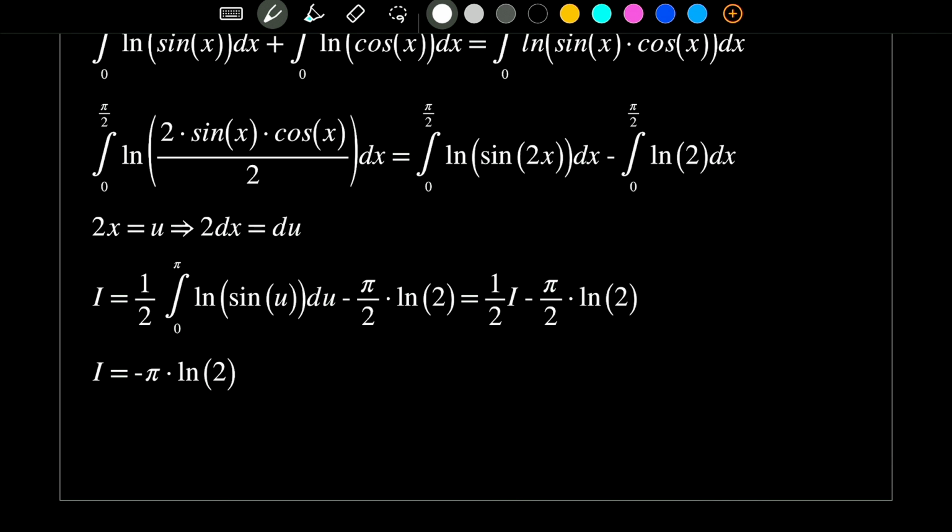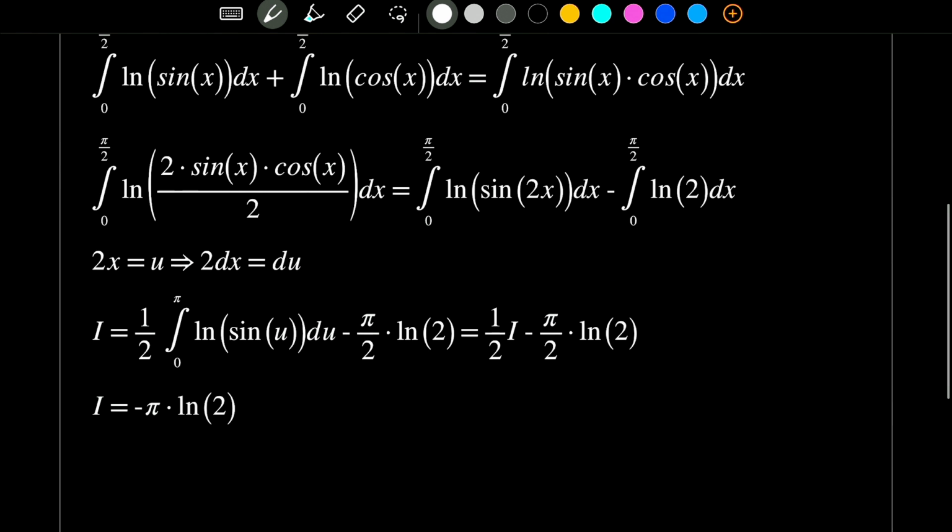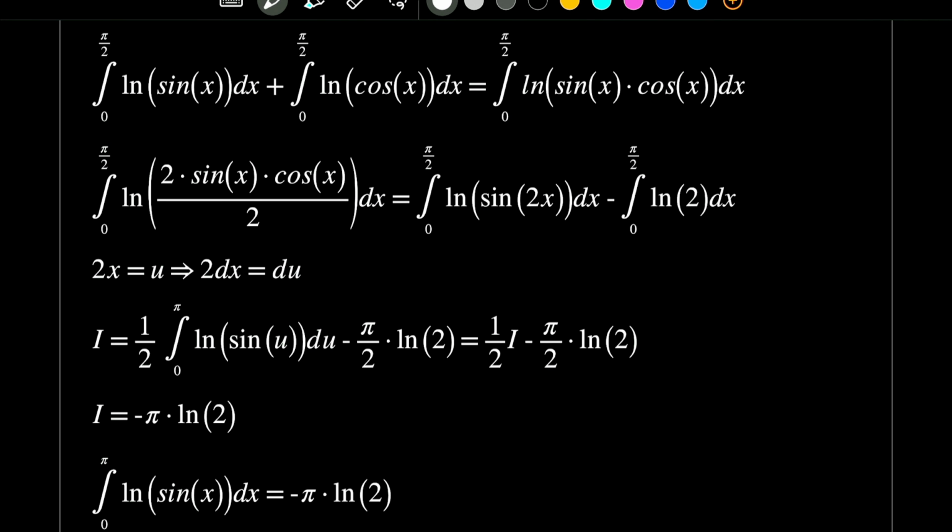And that is our final answer. So we've now got that the integral from 0 to pi of the natural logarithm of sine of x dx is equal to minus pi times the natural logarithm of 2. So that's our final answer.